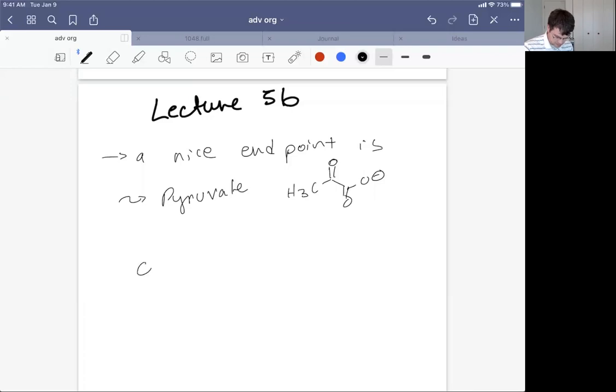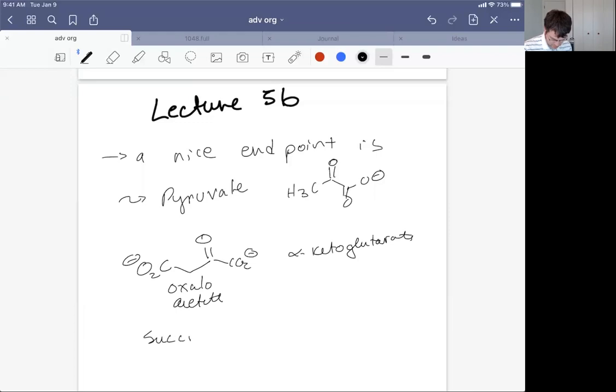we have oxaloacetate, we have alpha ketoglutarate, we have succinyl-CoA.